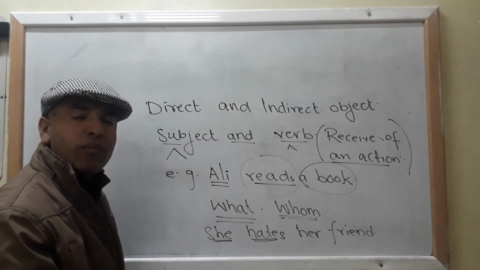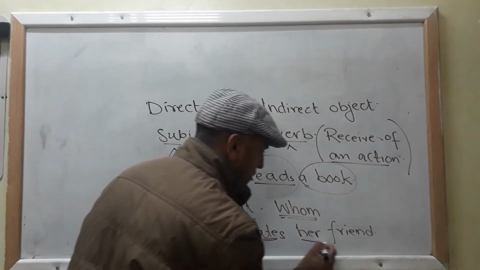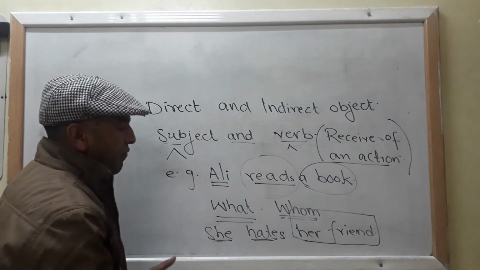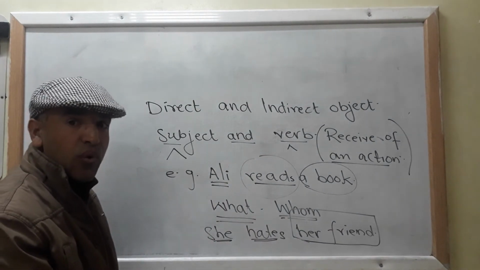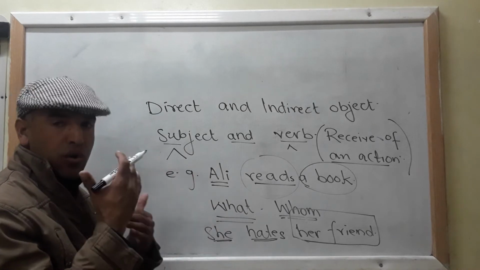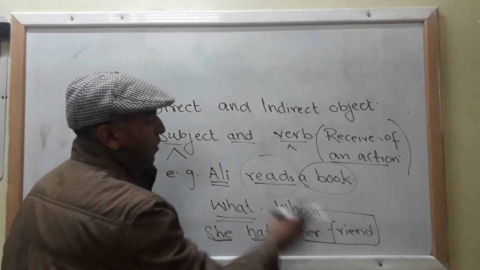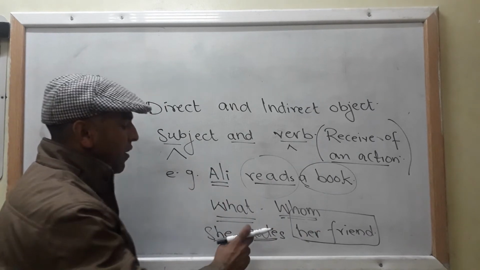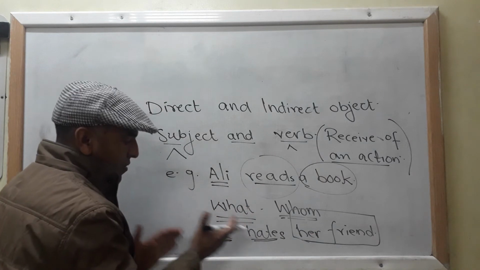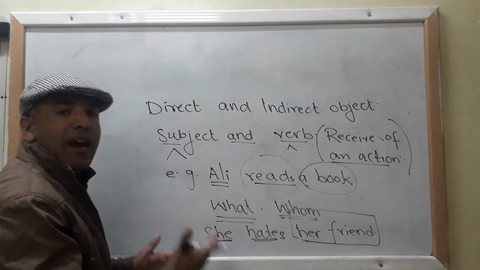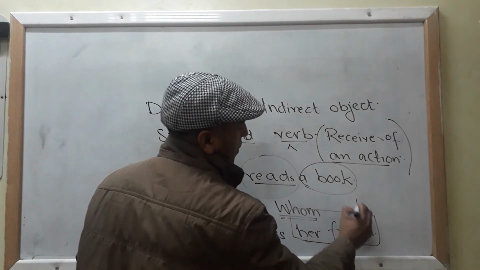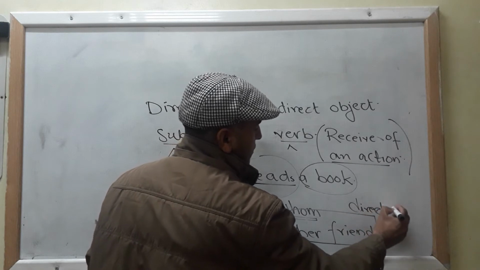No. Whom does she have? Her friend. Clear? Here we find the answer of whom. So as I've told you earlier in the start, if you find the answer of what or whom, that would be your direct object. Clear? Here if you ask the question, whom does she have or whom she has, you find the answer her friend. So here her friend is your direct object.